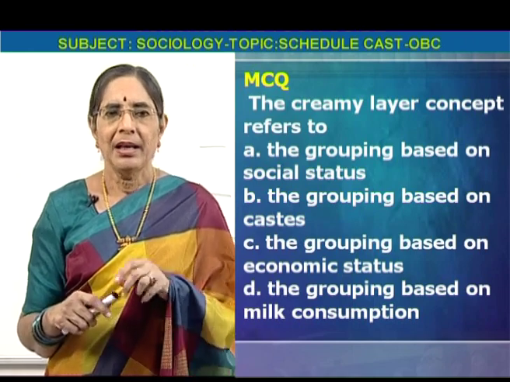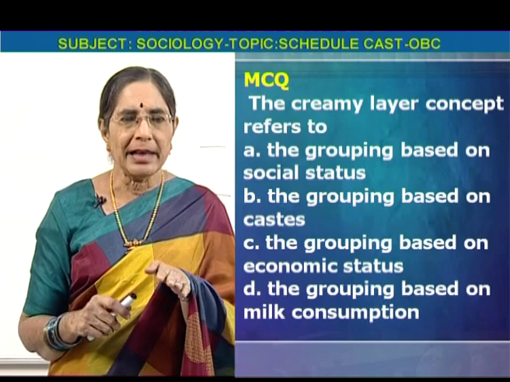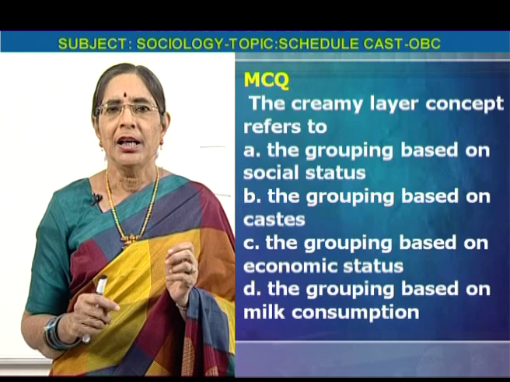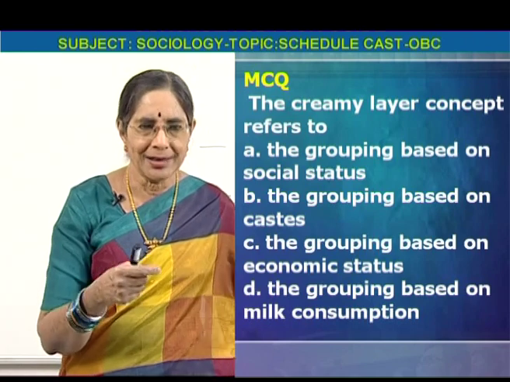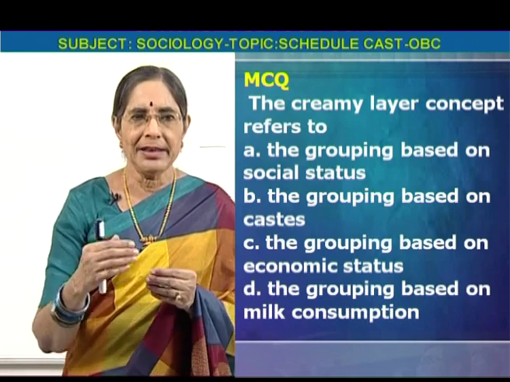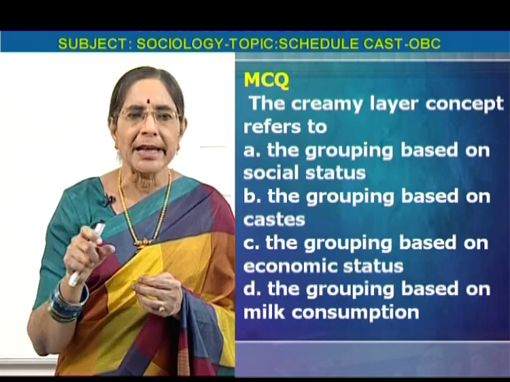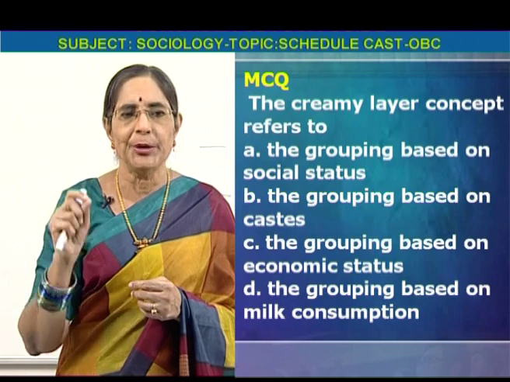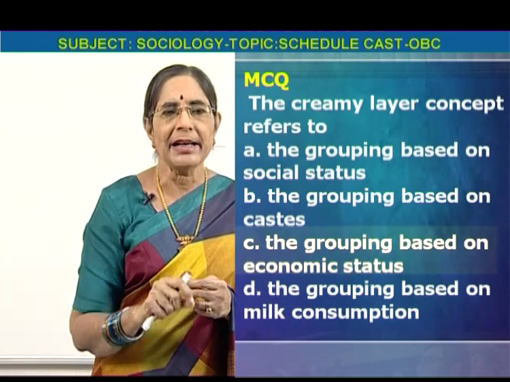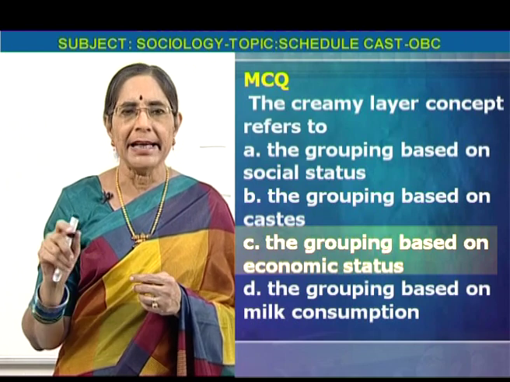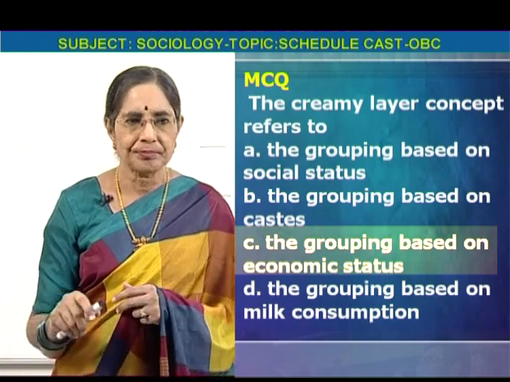Here, when we talk about backward classes, we are talking about caste basis of backwardness, no doubt. But within one backward class, if some are wealthier, some are educationally forward, then that shows the economic status of that particular community. Hence, our correct answer would be answer C, that is grouping based on economic status.